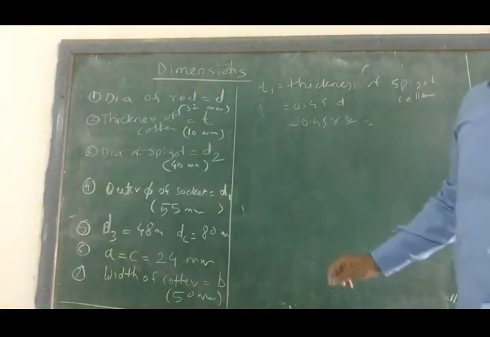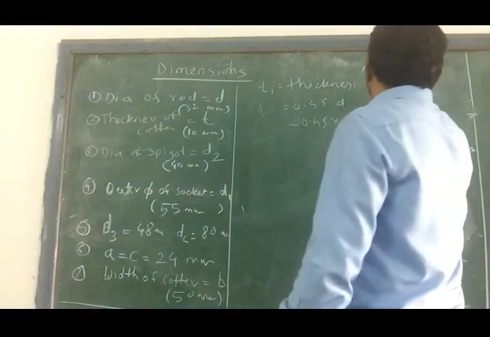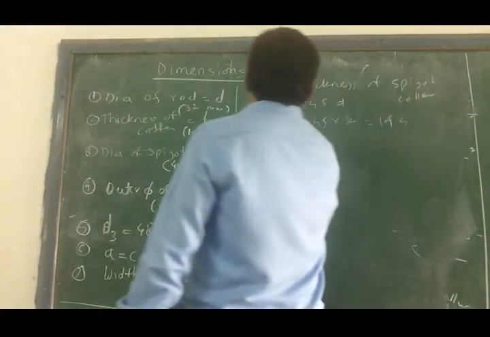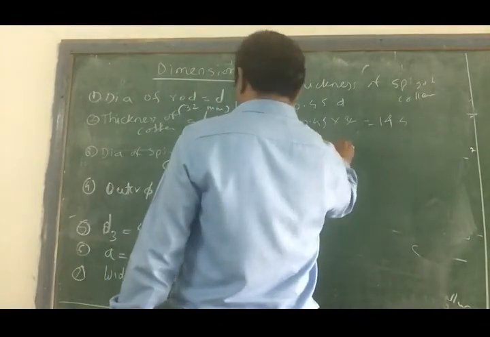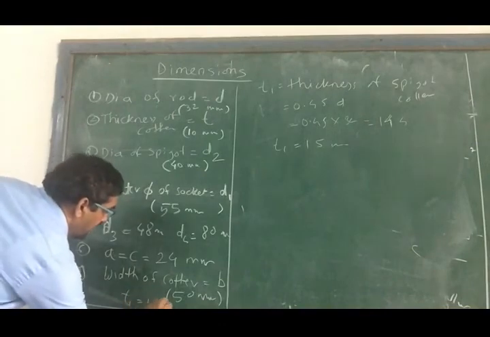The final value we get is 14.4. So T1 is 15 mm. So here we write T1 is equal to 15 mm.